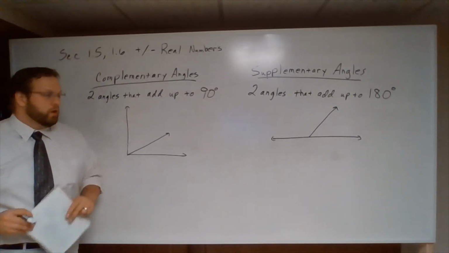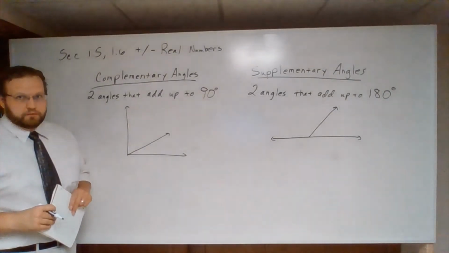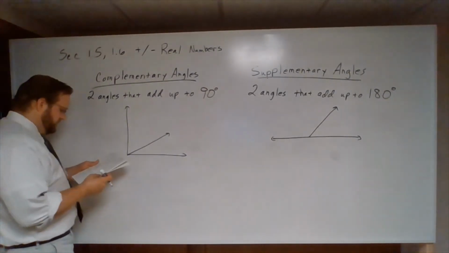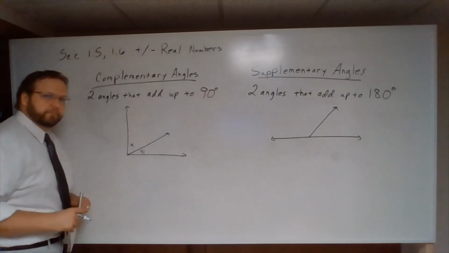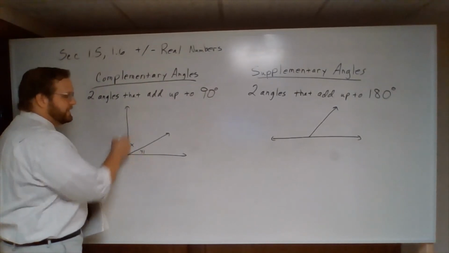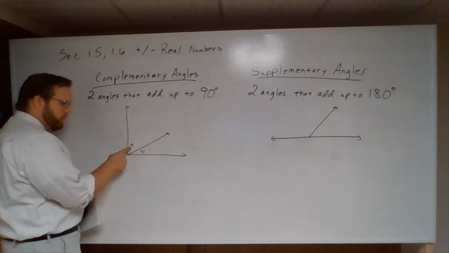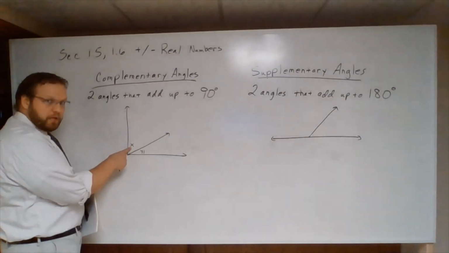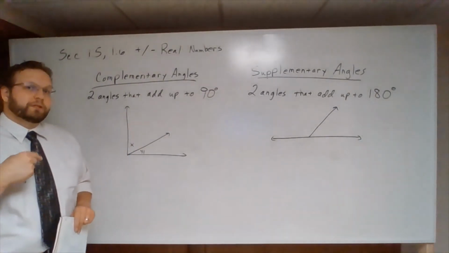Okay, now what they're going to ask you is just very simply find the missing angle. So if let's say we have a picture like that, find x. Okay, looking at it, we know that this is a 90-degree angle altogether. We want to find what missing piece is here. Now that x represents what we would call the leftover.